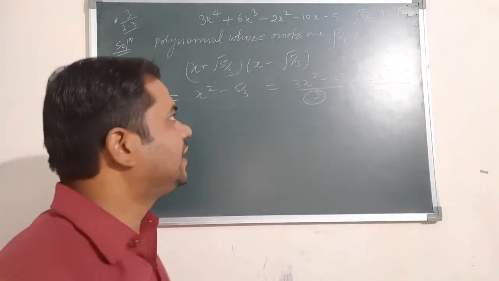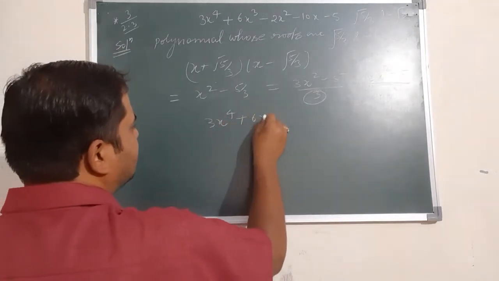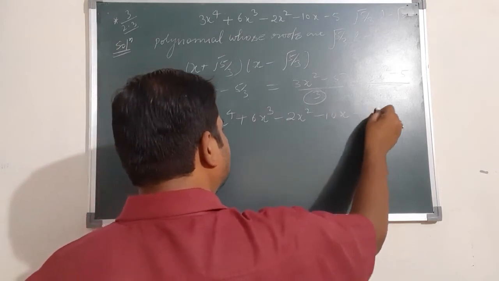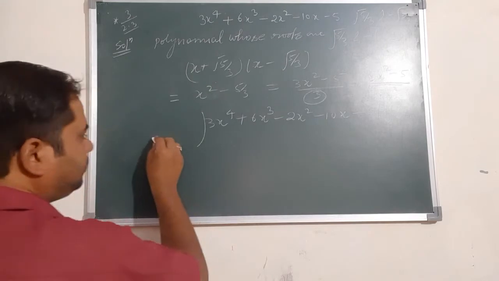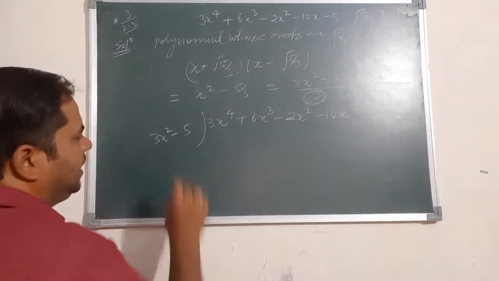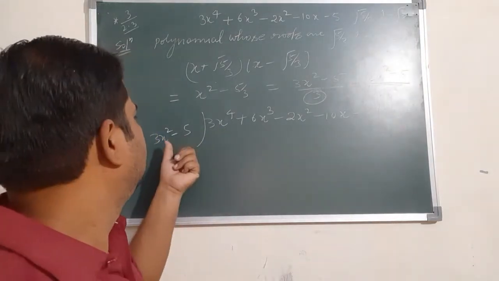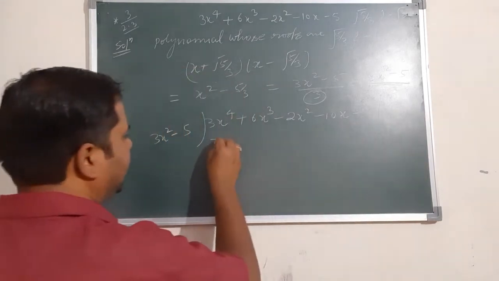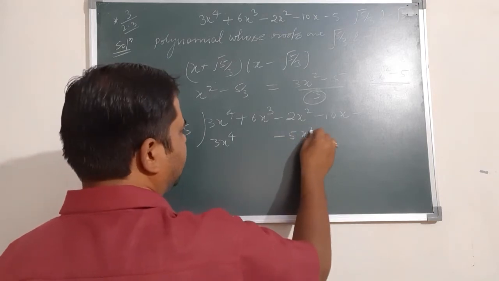Now divide the given polynomial 3x power 4 plus 6x cube minus 2x square minus 10x minus 5 by 3x square minus 5. You know very well how to divide. If you divide, this is x square, so 3x power 4 minus 5x square.